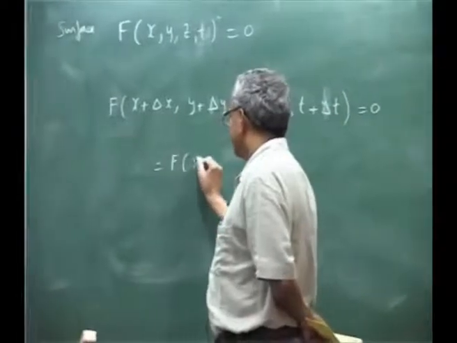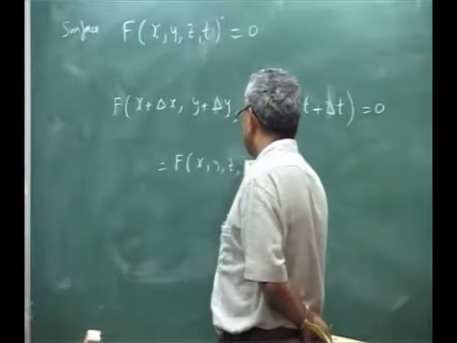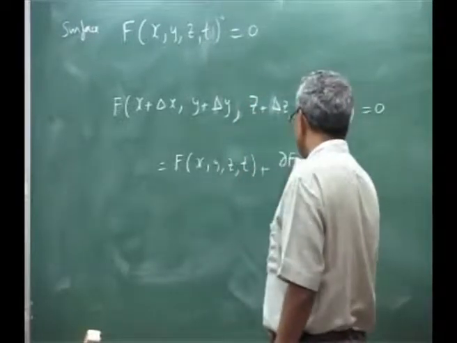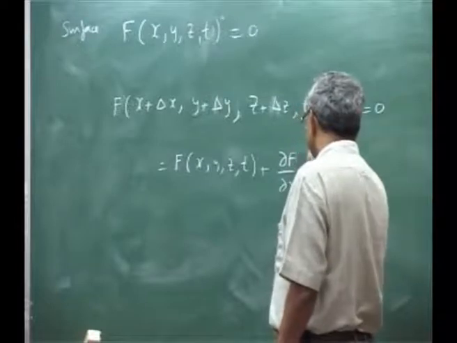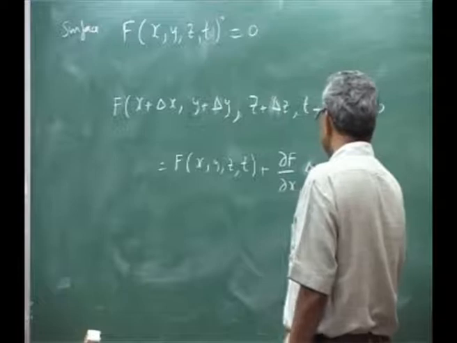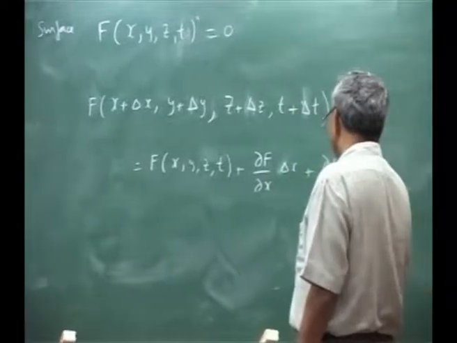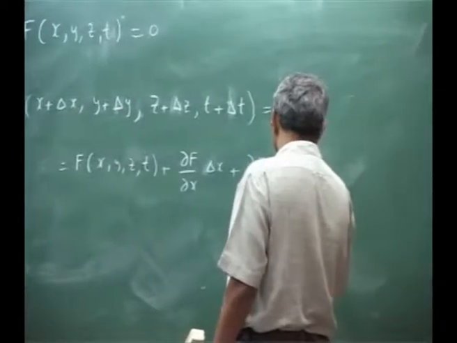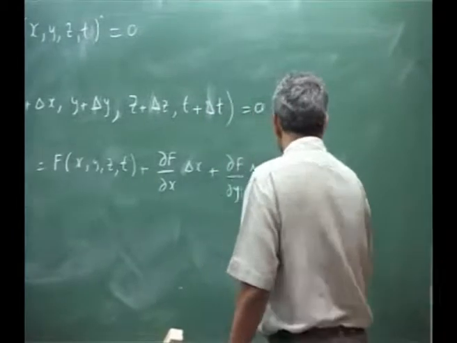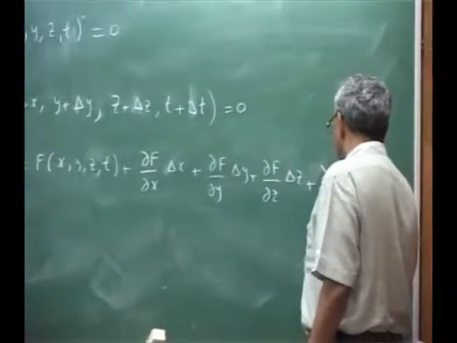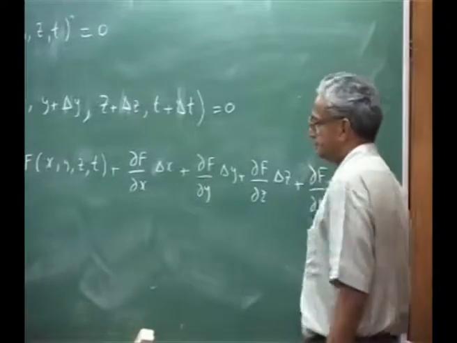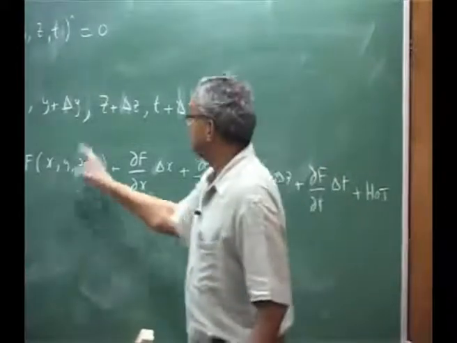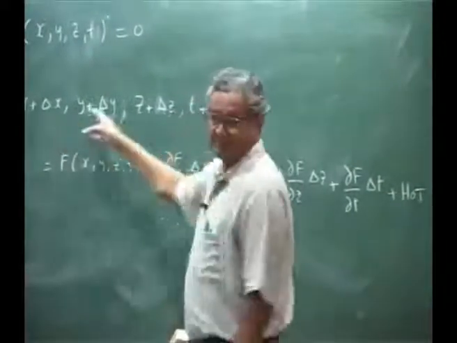F of x comma y comma z comma t plus, you will write delta f by delta x delta x, okay, plus you will have delta f by delta y delta y plus delta f by delta z delta z plus delta f by delta t delta t, plus higher order terms, and you know that this is 0 and this is also 0.